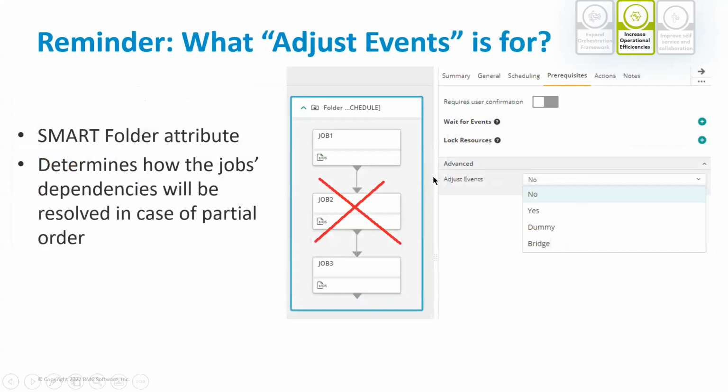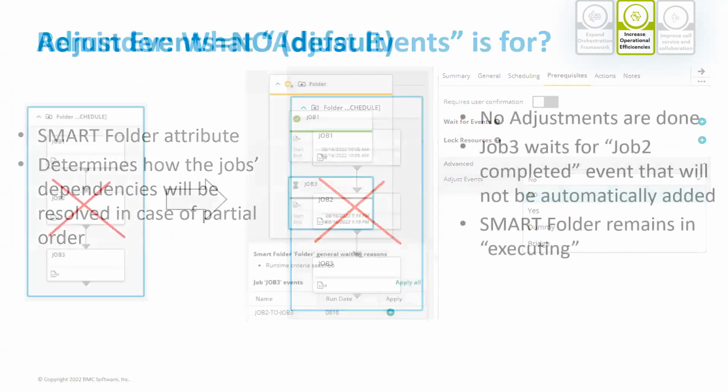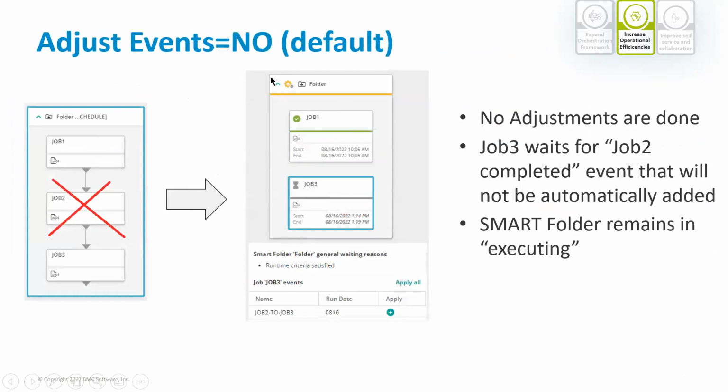So if you have a smart folder and on adjust events you have provided bridge, the job which is not supposed to execute on that specific day will not be shown on the flow. It will be shown like this, but not like a dummy job in between.